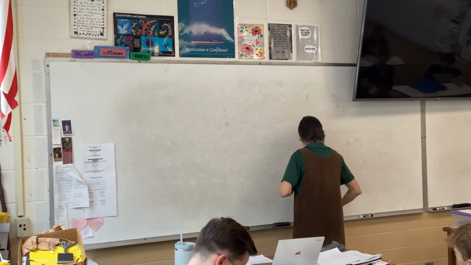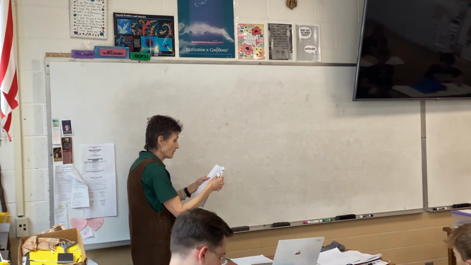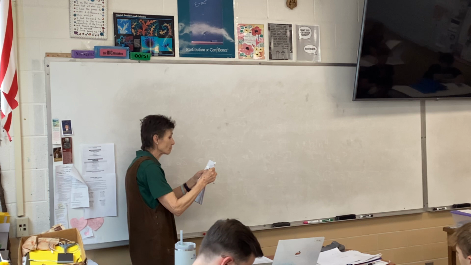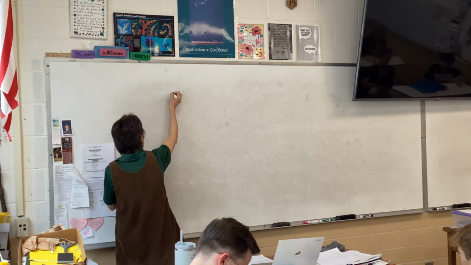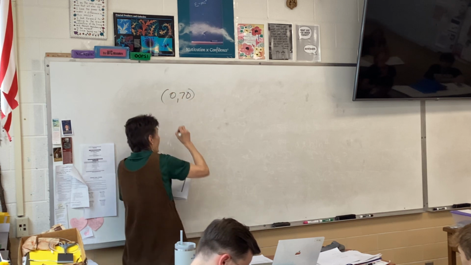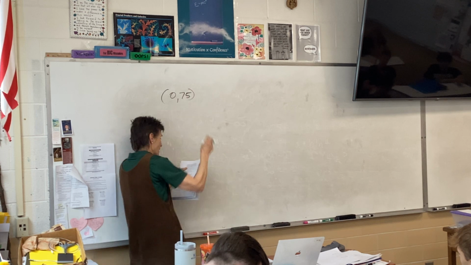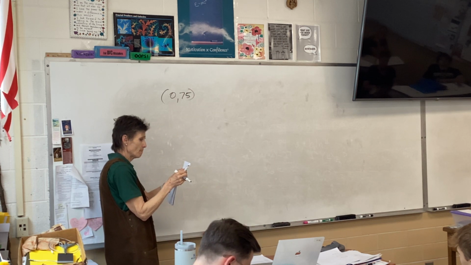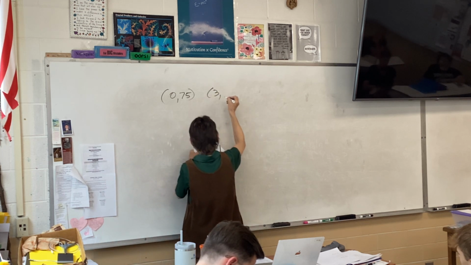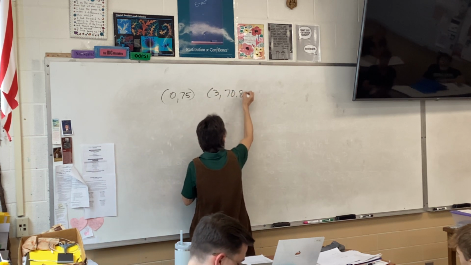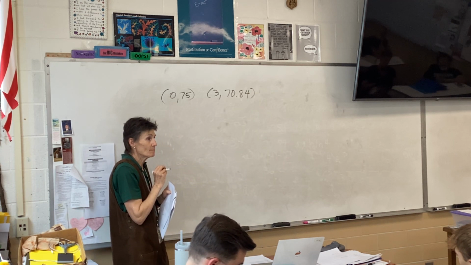So what is the formula? Well, let's look at what we've got first. What's my given data? At time 0, the students got 75, and at time 3, their score was 70.84. That's my data.